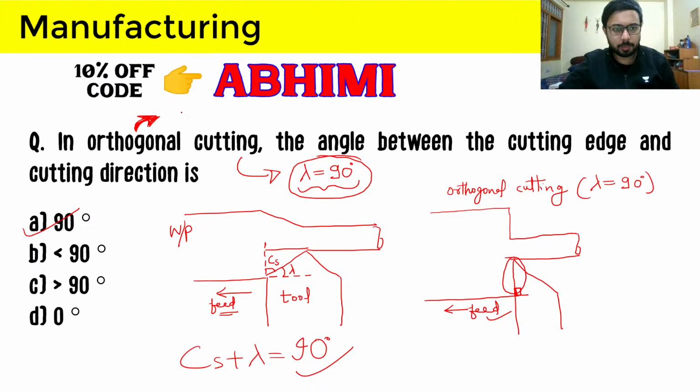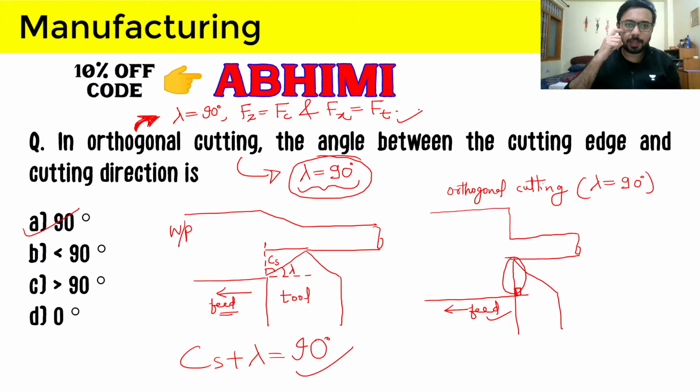You can just remember that, first of all, the approach angle is 90 degrees there, and the tangential cutting force is equal to the cutting force, and the axial cutting force is equal to the thrust force.